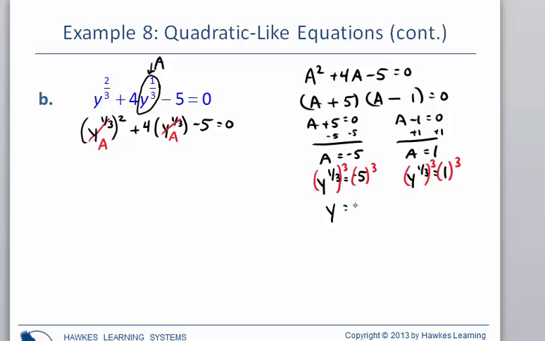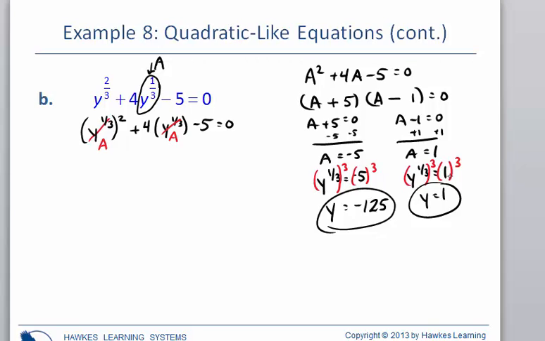Negative 5 to the 3rd is going to be negative 125. And over here, we'll have y is equal to 1 to the 3rd, which is 1. And so we have now solved our quadratic-like equation, and we know that the solutions would be negative 125 and positive 1.